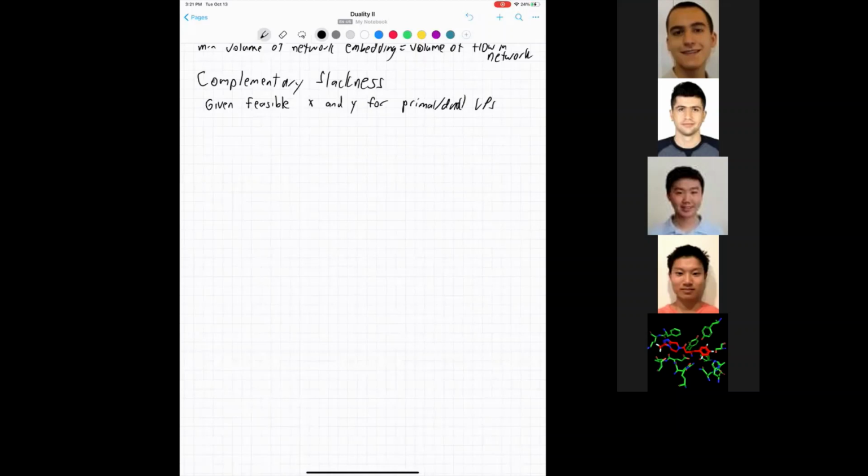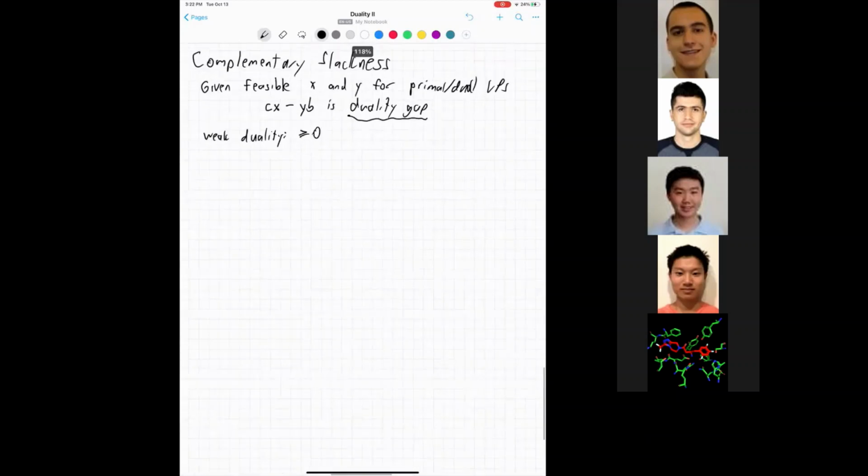We know that the optima are equal, but more generally, I'm going to define the difference between the values of the primal and dual solutions as the duality gap between these two solutions. Weak duality tells us that this is always non-negative. Strong duality tells us that it's 0 at the optimum.